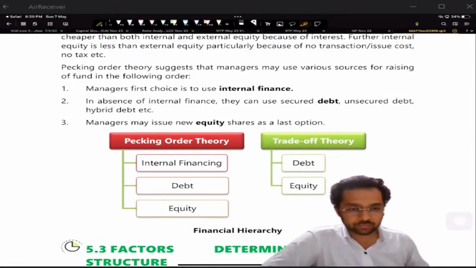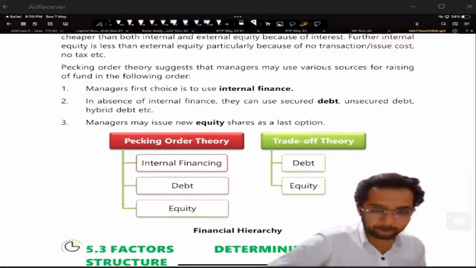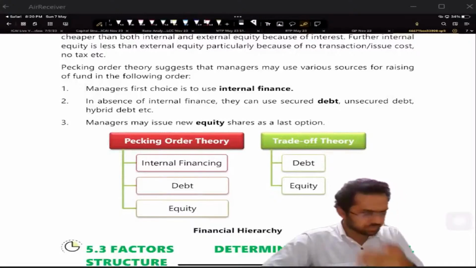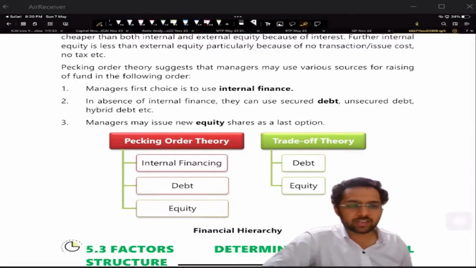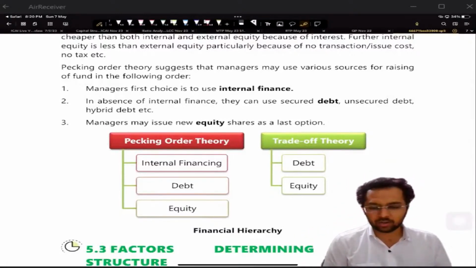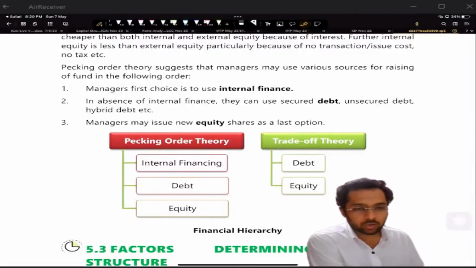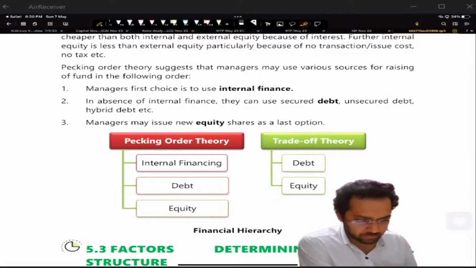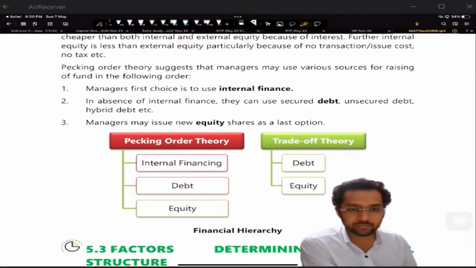Yeah, understood. These are a bit more modern theories as compared to our net income and net operating income approach.